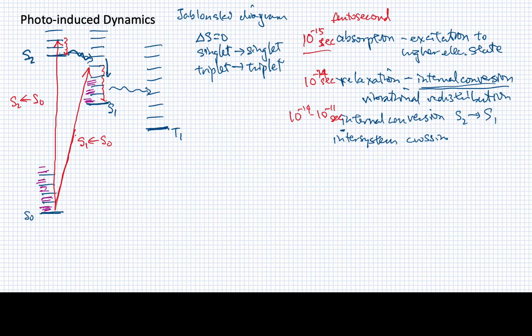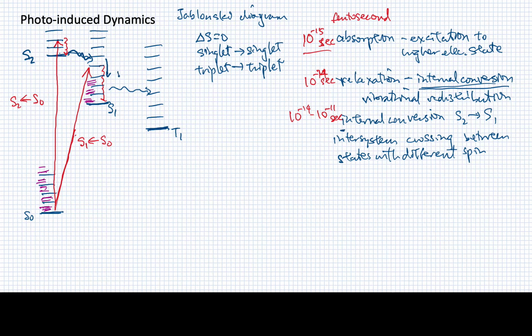And basically an intersystem crossing is when you are going from one state to another state and they have different spin multiplicities. So I'll write that as between states with different spin. So singlet to triplet in this case.